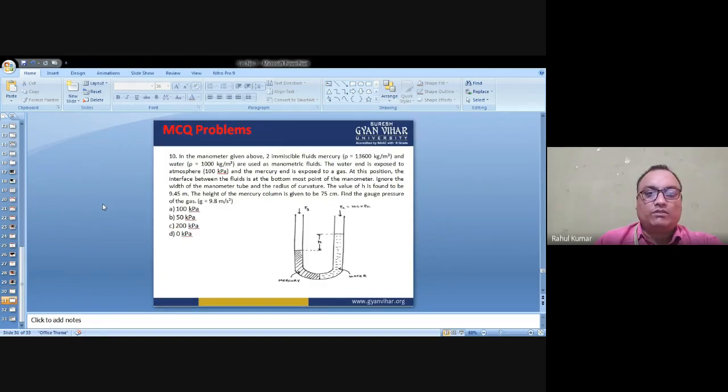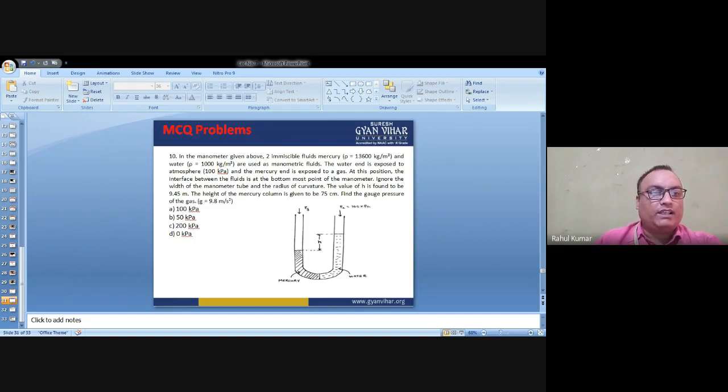Move to the next question. In this question, the pressure is Pg, this is the mercury, this is the water, and it creates a height difference H, and here the pressure is equal to 100 kilopascal. What is the pressure of the gas?